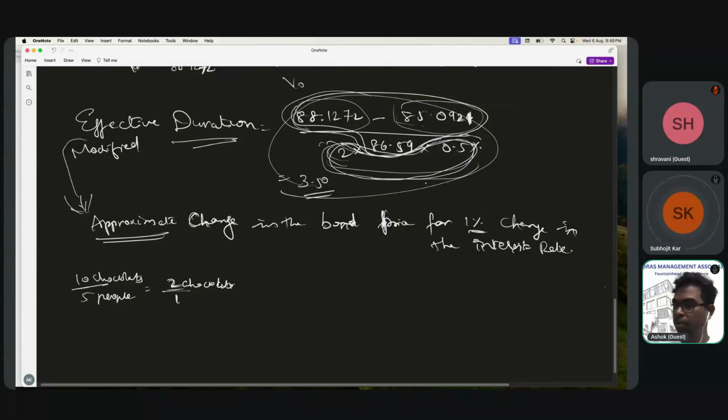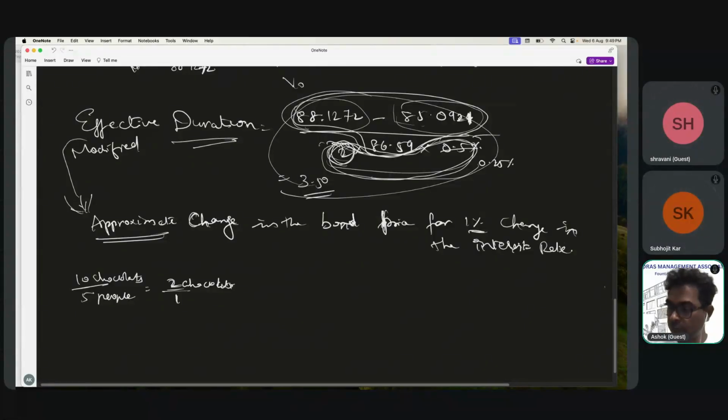So is it because there were two YTMs, one positive and one negative? No, that's why I'm multiplying by 2. Even if this had been a 0.25% change, I would have done it like this, with 0.25% instead of 0.5. But anything I divide by, I will finally get the value for 1% only.